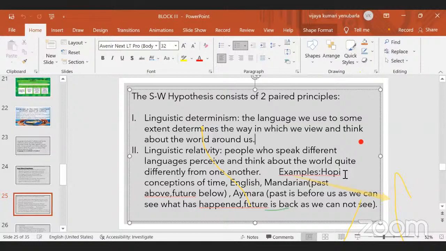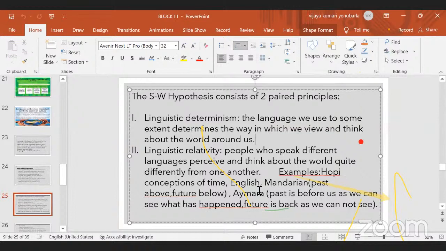But speakers of this type of language cannot break time. We think it is in the past, it has happened already; it is now, it is continuing; and we are talking about the future also. But for these people, time is a continuous cycle.